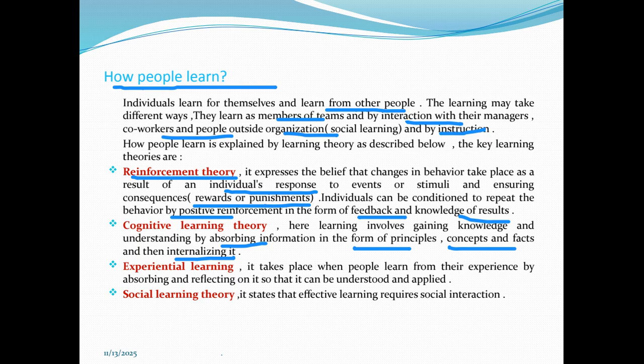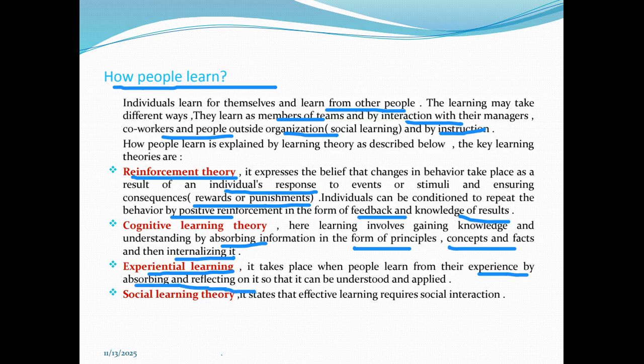But there's a difference with experiential learning. It advocates that learning happens when people have the experience of absorbing and reflecting on it so that it can be understood and applied.